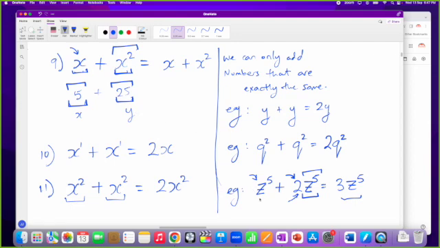If you're confused, this is just like saying 1x plus 2x will give you 3x. 1z squared plus 2z squared, or z to the 5th plus 2z to the 5th, will give you 3 of them.